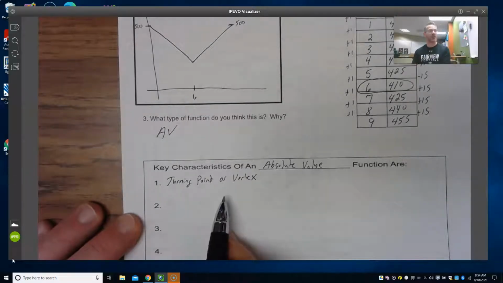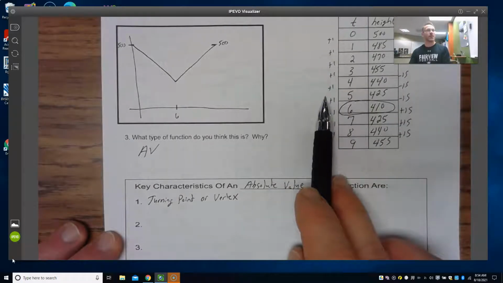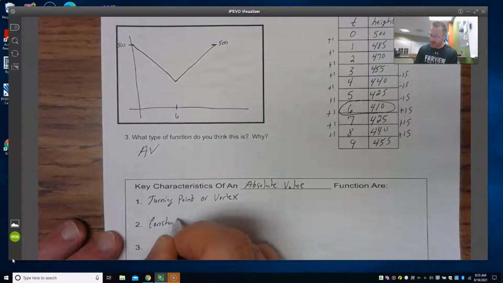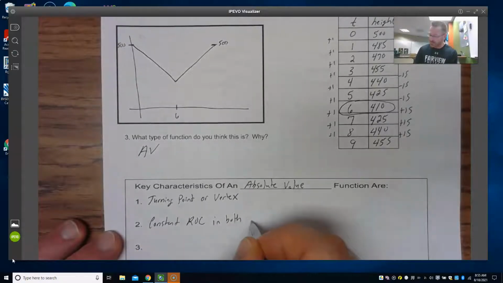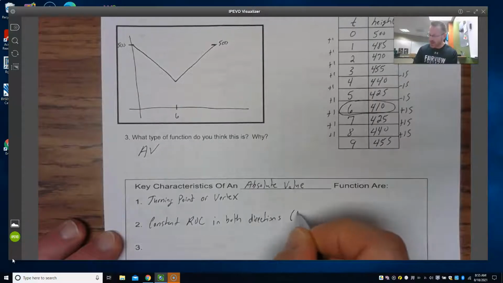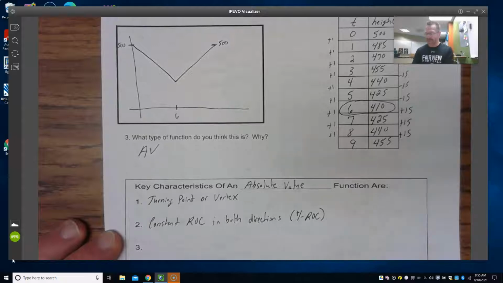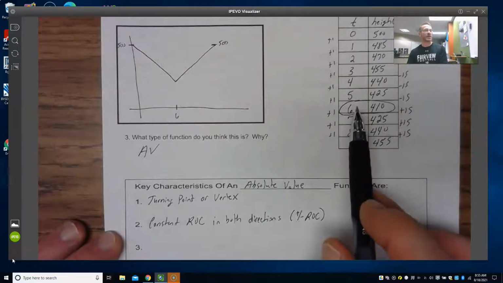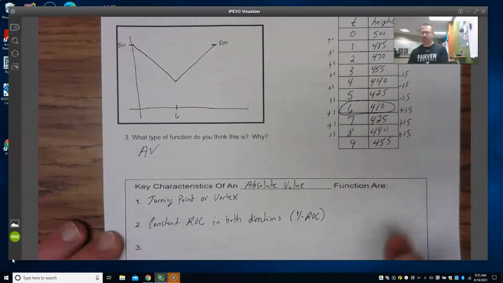And then another key characteristic, if we go back up here, is that we have a constant rate of change in both directions. And I'm going to put this, we're going to have plus or minus whatever our rate of change is. So if we were doing this, we'd say it has a constant rate of change of plus or minus 15.